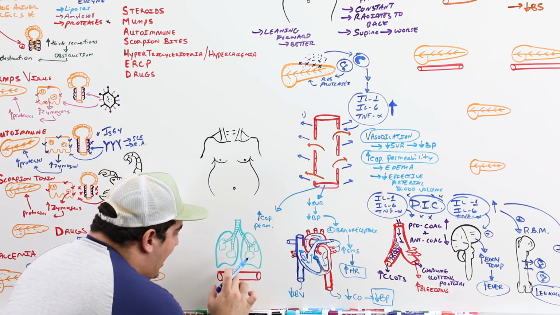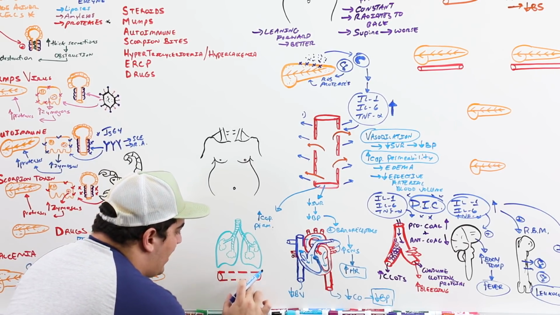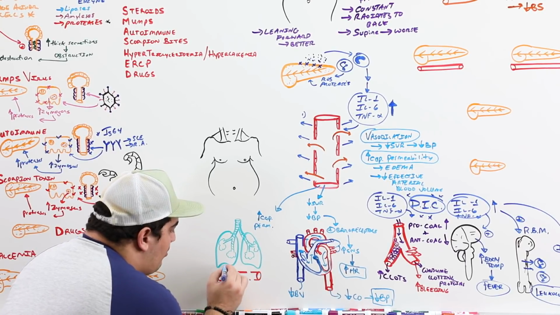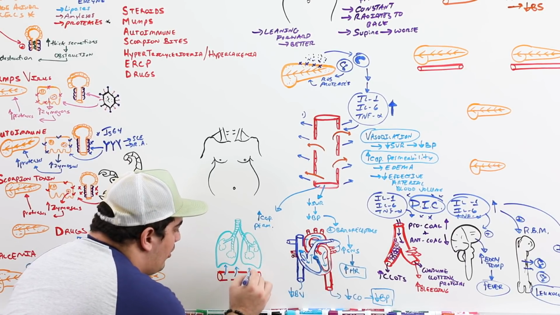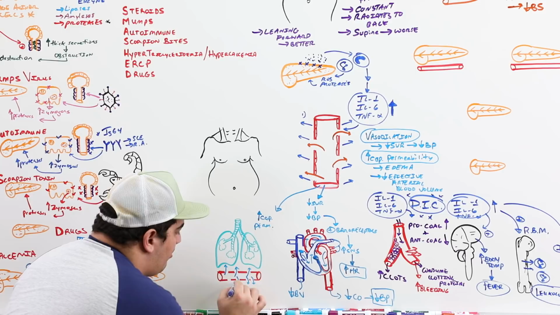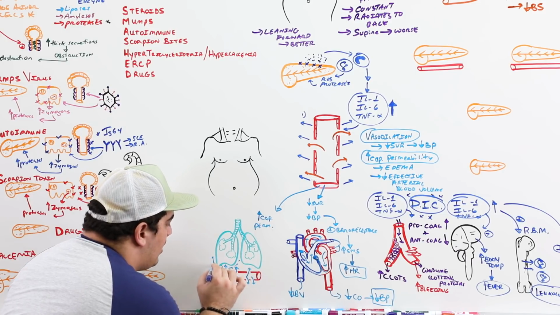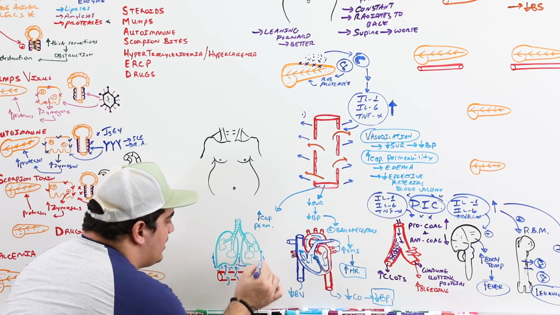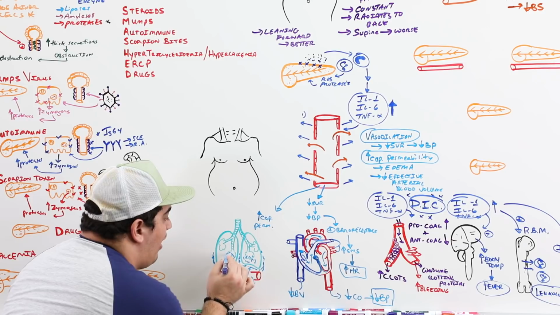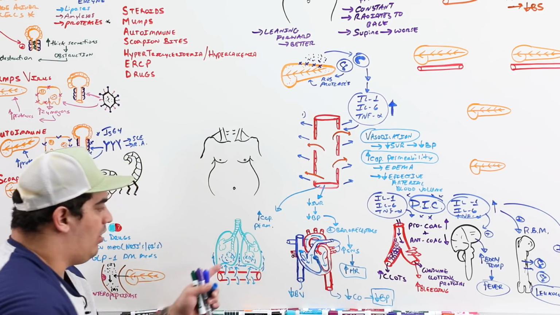You can increase the capillary permeability of those pulmonary vessels, and now as they're more leaky, you can have fluid leaking out of the blood vessels into the interstitial spaces. And then worst case scenarios, not only does it leak into the interstitial spaces, but it also starts leaking into the lung parenchyma, like near the alveoli. What is this called?